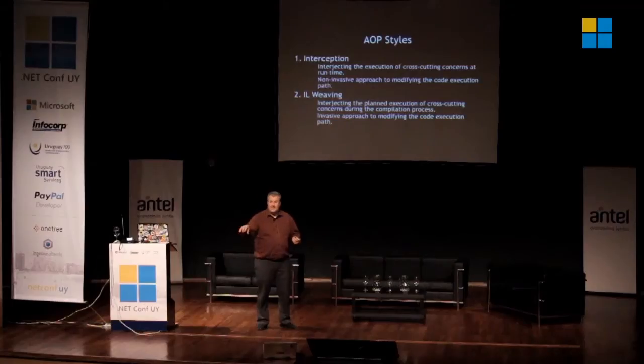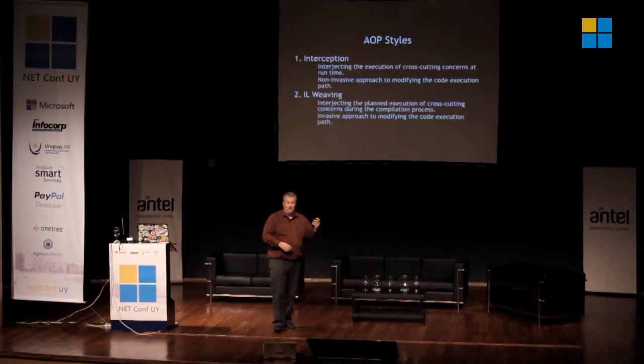So you get a new set of EXEs and DLLs that, when you decompile them, look different than the original ones because they've got all these aspects in them. This is very non-invasive when it comes to changing your code base to implement it. All you have to do is say, add the aspects here, here, and here, and it alters the code after the fact. You don't have to go in and add any new stuff in your code at all.